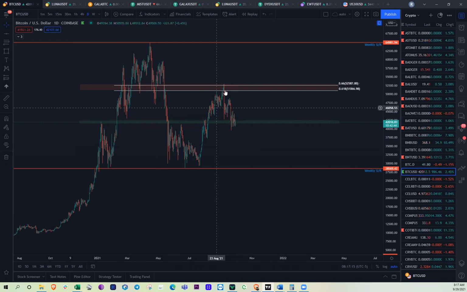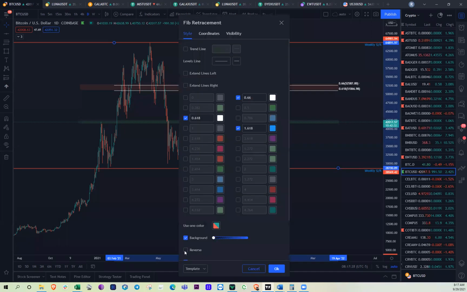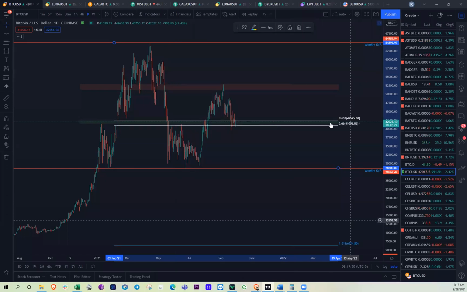So that means we need to know, hey, where is price going to end up, or what is my next area of probability? If we take the same concept with the fib, just go to settings and reverse it. It gives me the area in which, if I drew it properly without doing the reversals, I would have drawn it from the bottom all the way to the top, and it would have shown me where price would have come back and found support.